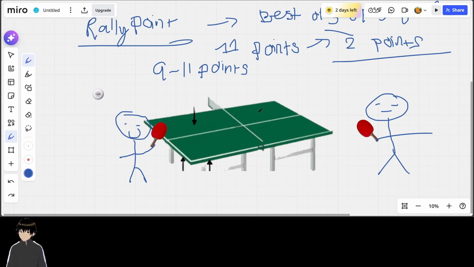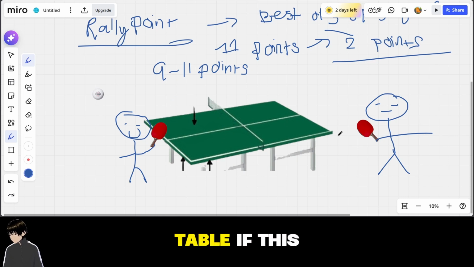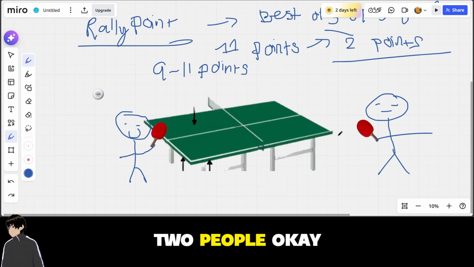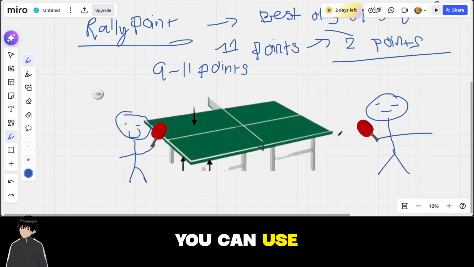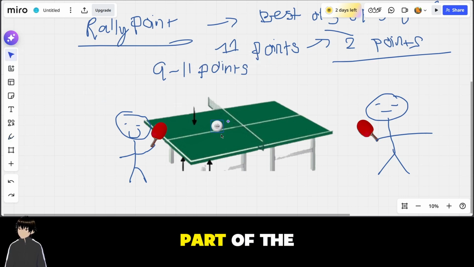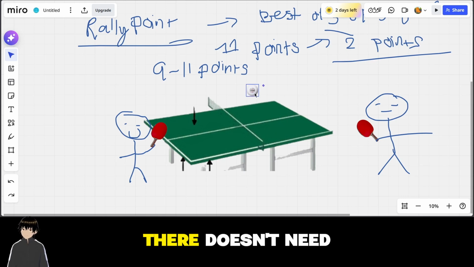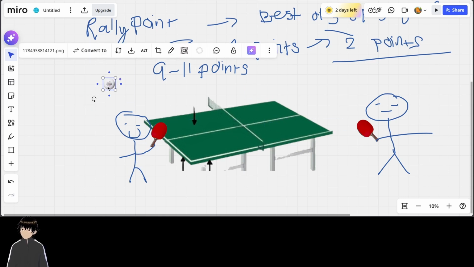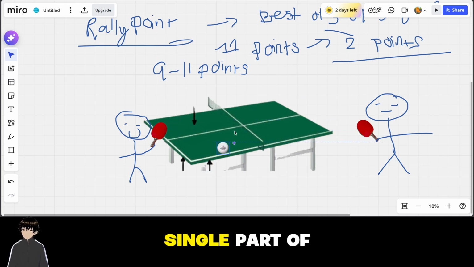You can use the entire table if it's just two people. What I mean by that is the ball can land in any part of the table. There doesn't need to be any separation. The ball can land at any single part of the table. That is what we call singles.